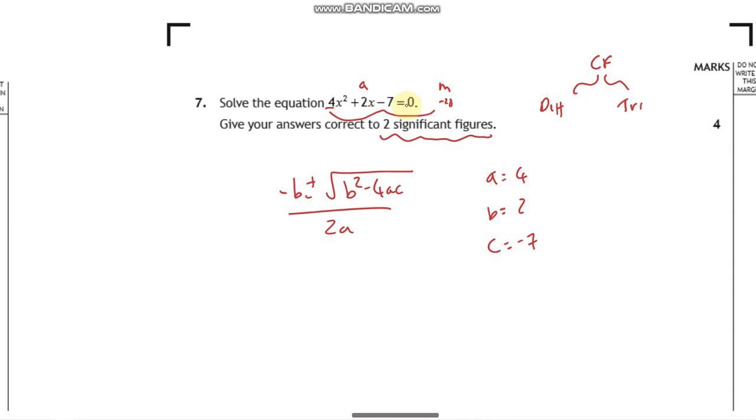And then what I tend to do also is work out my discriminant, b squared minus 4ac. So that's going to be 2 squared, take away 4 times 4 times negative 7. So that's going to be 4 take away, so 28 times 7.